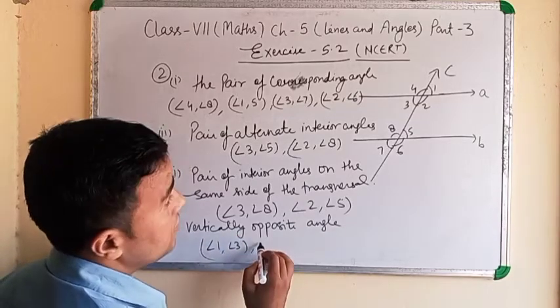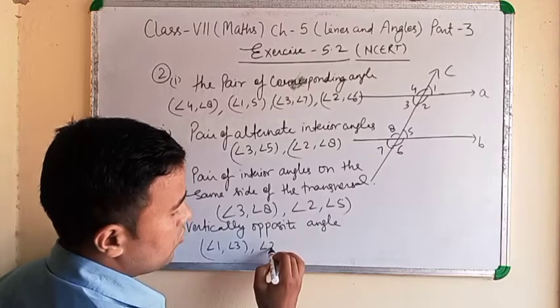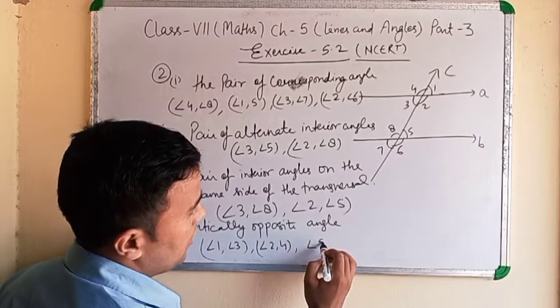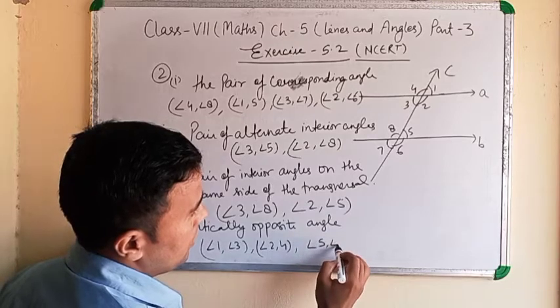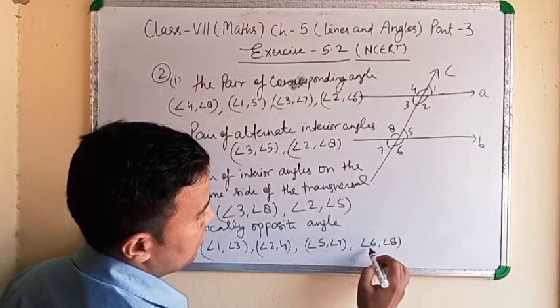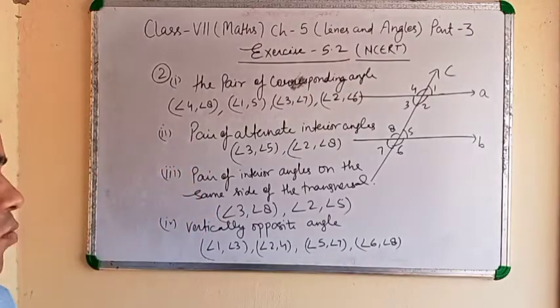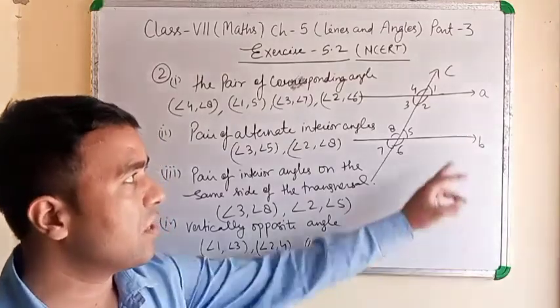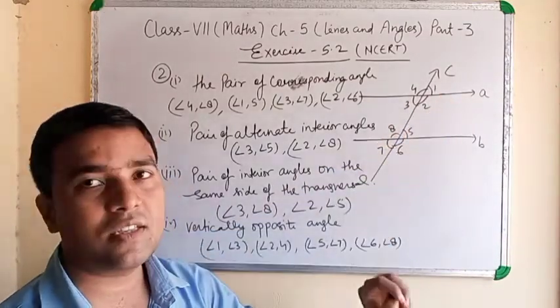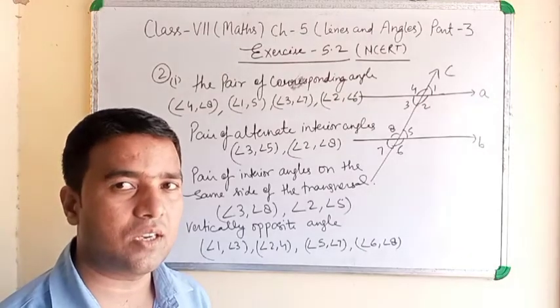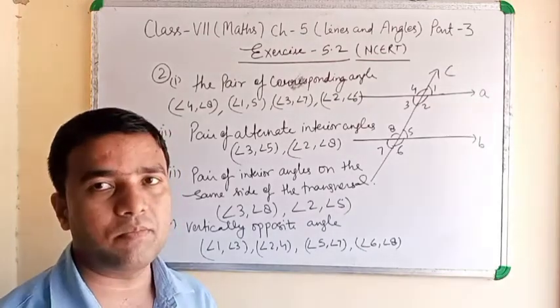Angle 1 and angle 3, angle 2 and angle 4, angle 5 and angle 7, angle 6 and angle 8. Clear? These are the vertically opposite angles. Means if angle 1 is given and you are asked to find angle 3, angle 3 equal to angle 1 by vertically opposite angle. Means both values will be the same.